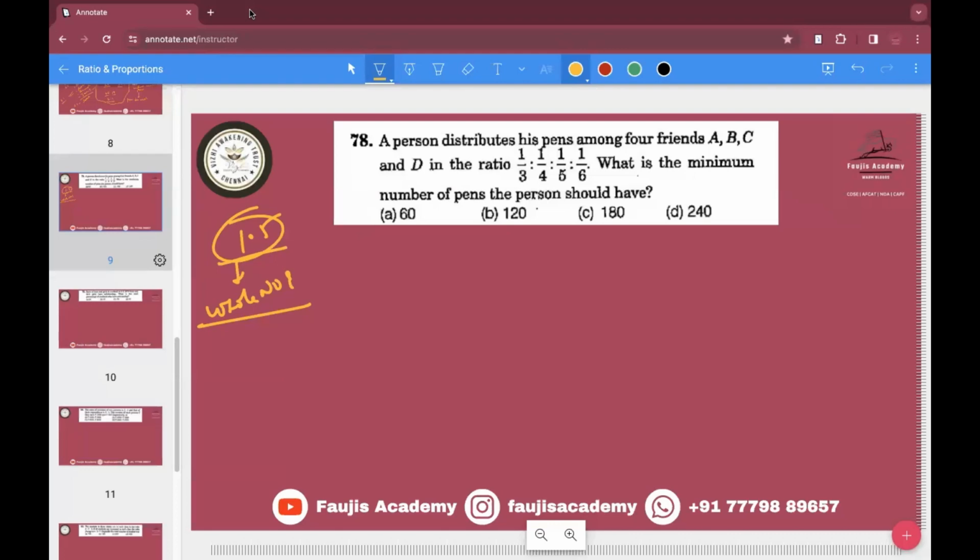There it is, option C. Okay. Option C. Who is that? Abhikaran, sir. Okay, Abhikaran. You are close, but you have not, I guess, read this word called minimum. Is that option B? Option B, 120. Who is that?